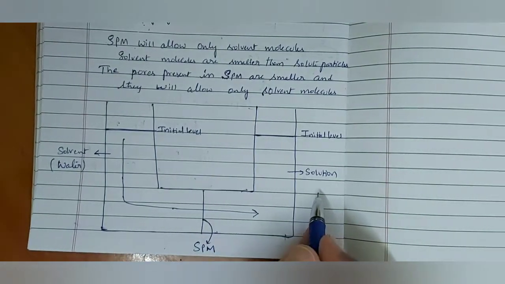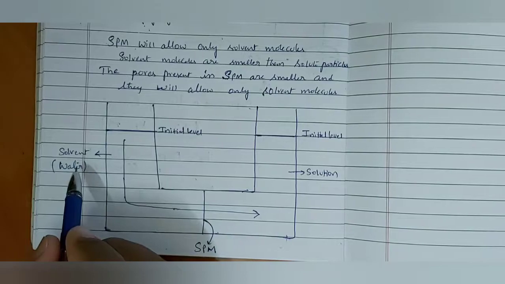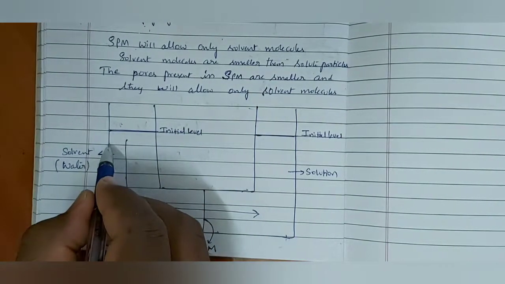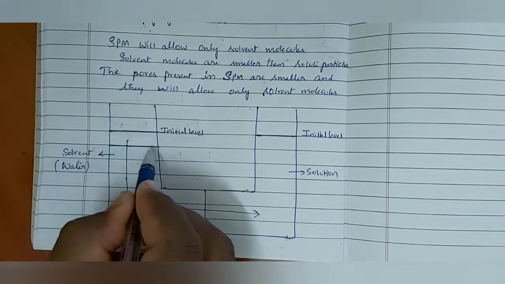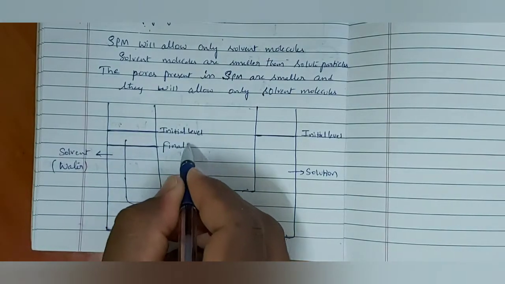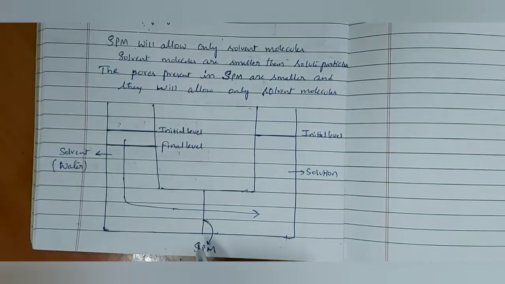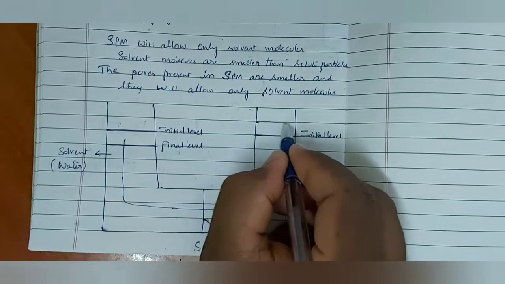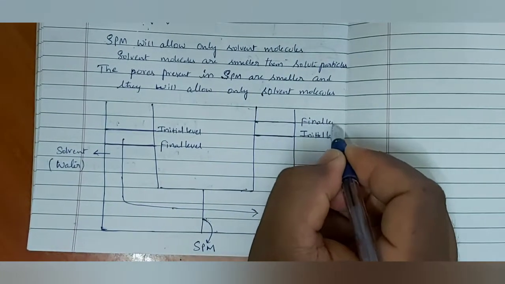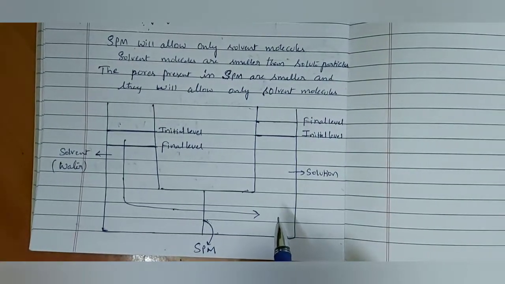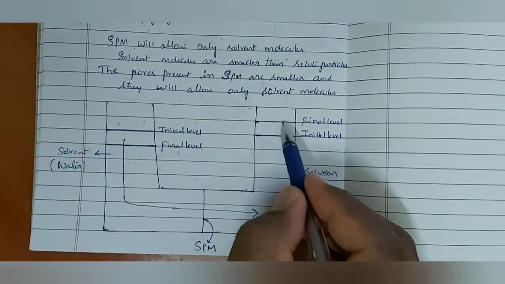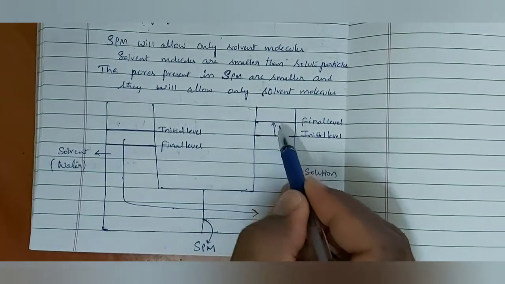Then what will happen to the level of this solvent after some time? This is the initial level. After some time, this level will be decreased. This is the final level, meaning up to this much level it is decreased, up to this much level it is increased, and it stops here.